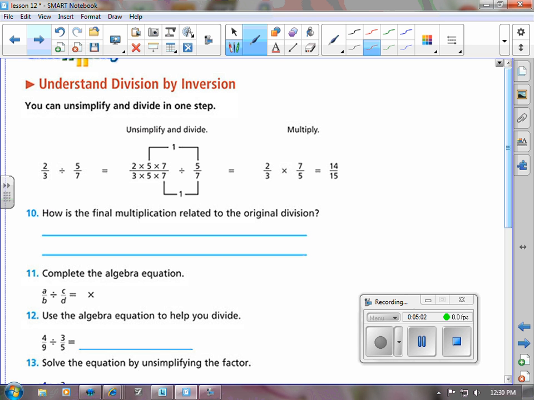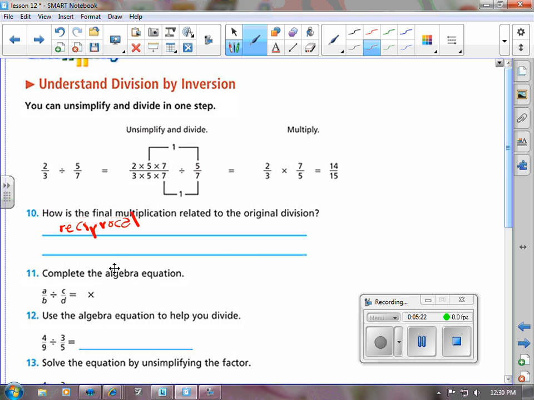Again, it's just flipping the original. So when we think about that, the numerator and the denominator of the divisor were switched. So it's the reciprocal. Learn that word, reciprocal. You use the opposite numbers because you're dividing.